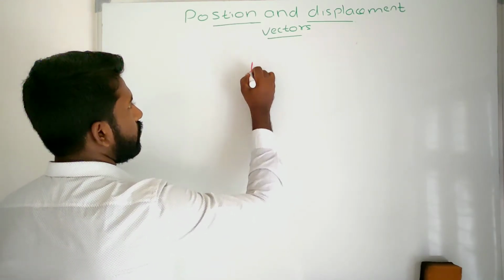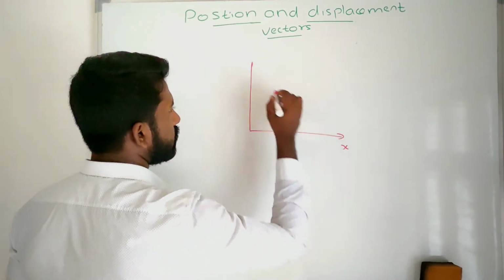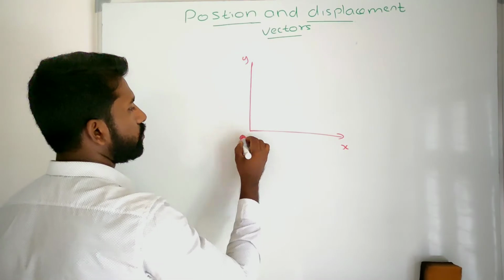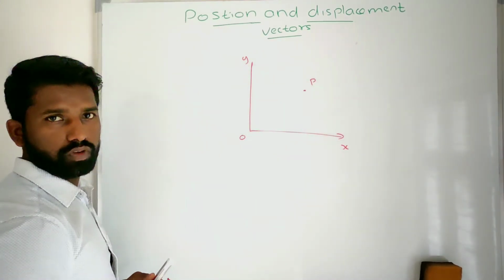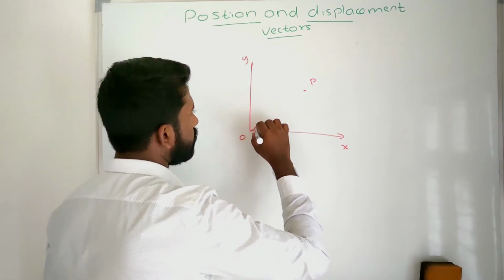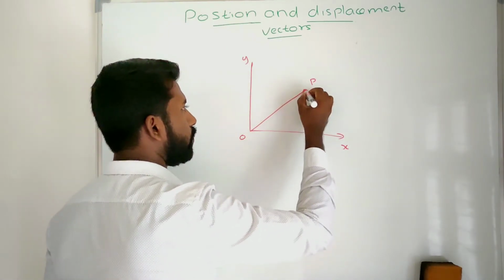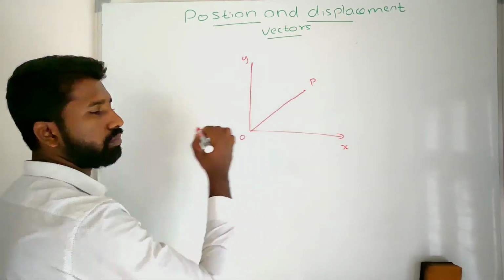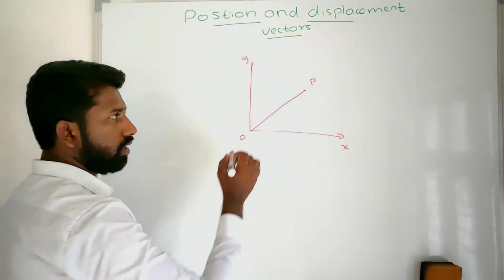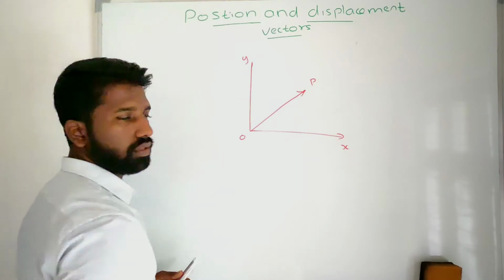This is the x-axis and this is the y-axis. This is the origin, and there is a point P here. I can say that this point P is at distance OP from the origin, and its direction is this.